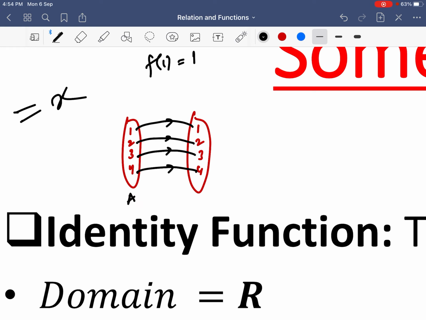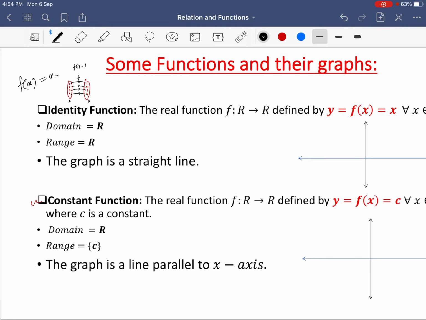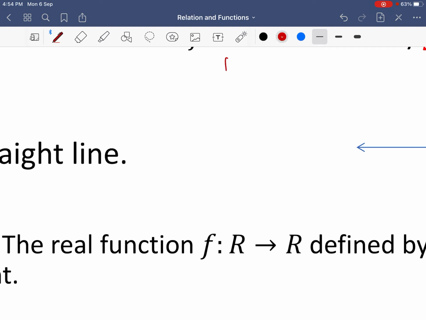So we're going to write here A, and here B, and this is my f, and this f is nothing but the identity function. Now if somebody asks you what is the domain of this function, we have actually already mentioned it. This was my function f(x) = x. Now the definition of domain, which we discussed in the last class, I'm going to write here.